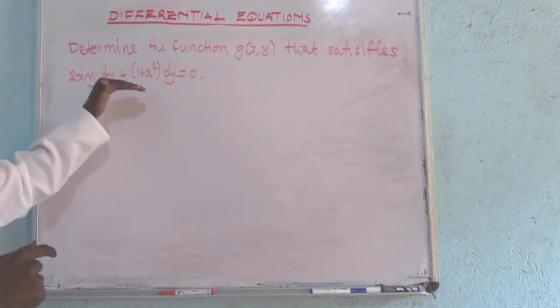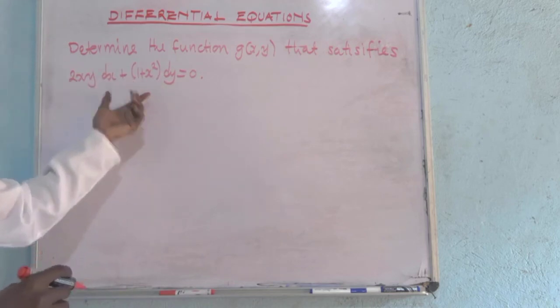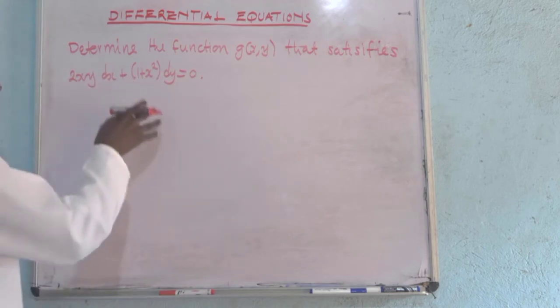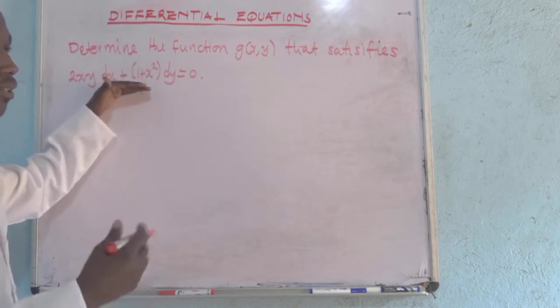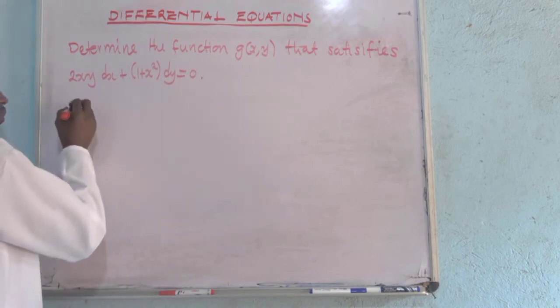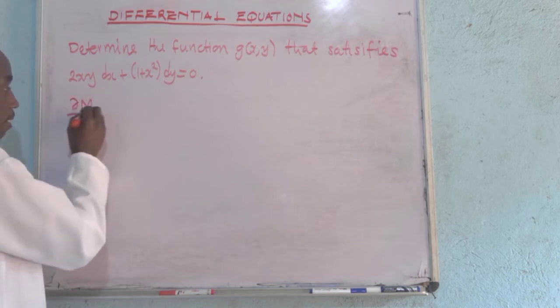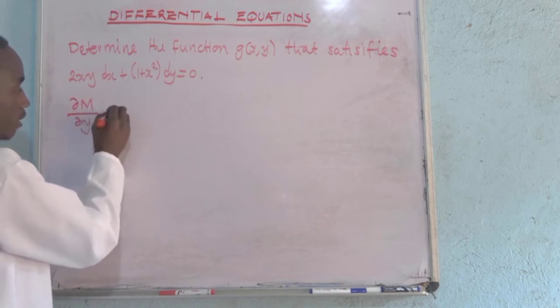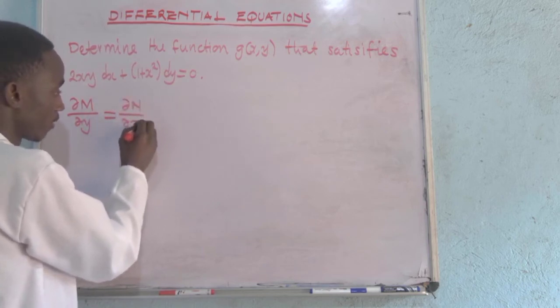Determine the function g of x, y that satisfies the differential equation here. So what you have here is an exact differential equation. So maybe from here, you need first of all to check whether or not this differential equation is exact. So checking for whether the differential equation is exact, we say partial of M with respect to y should be equal to partial of N with respect to x.